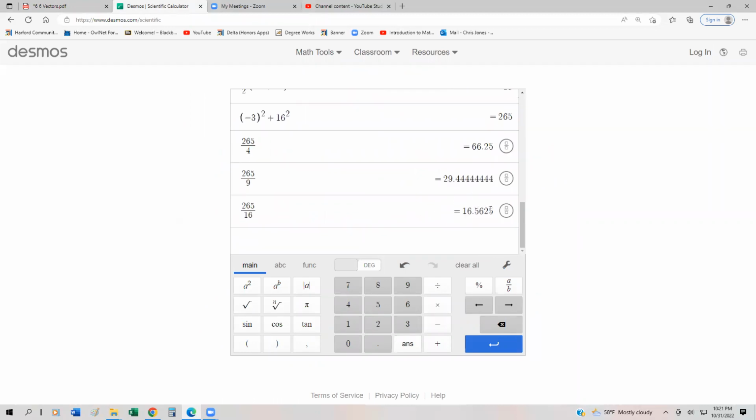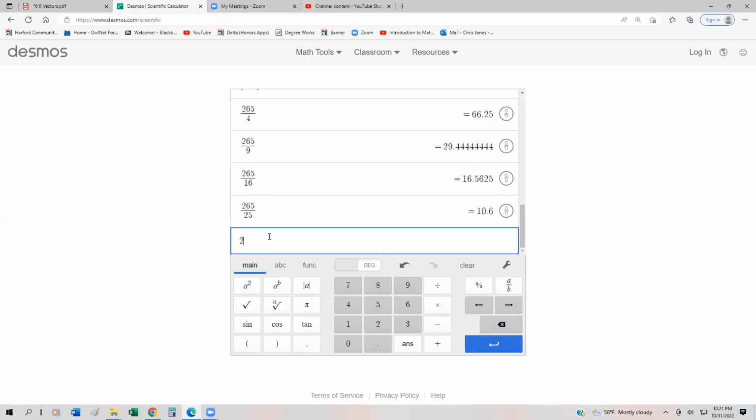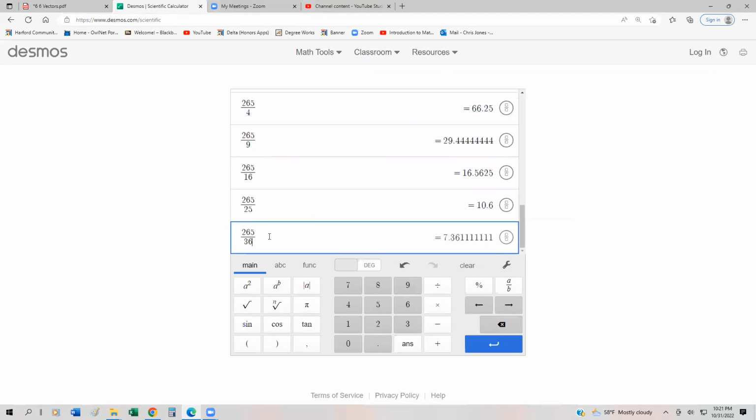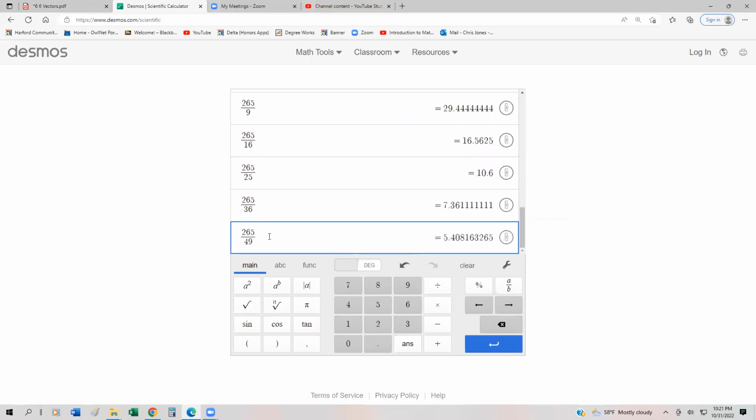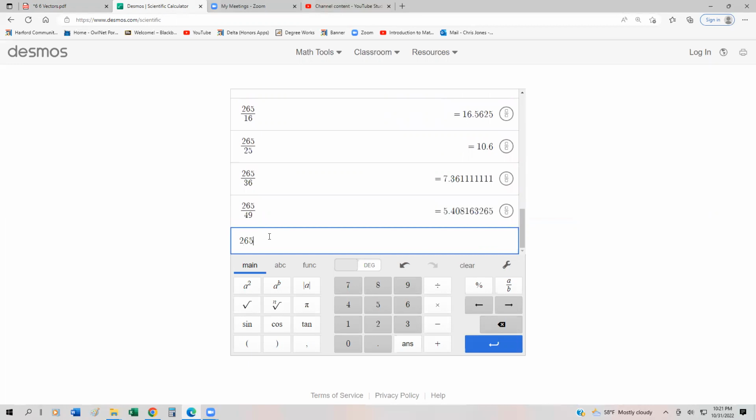So again, as long as you keep getting decimal values, that means it's not evenly divisible. 265 divided by 25 doesn't work. 265 divided by 36, 49, 64, none of those work.